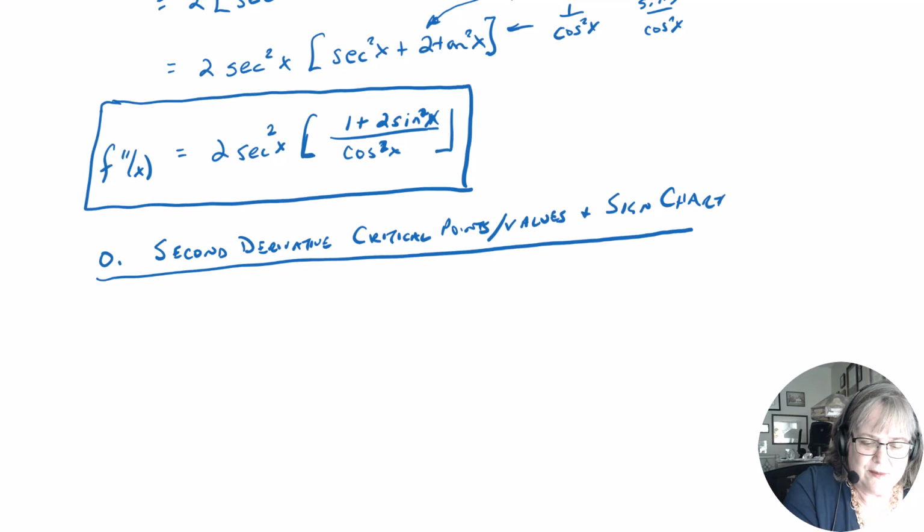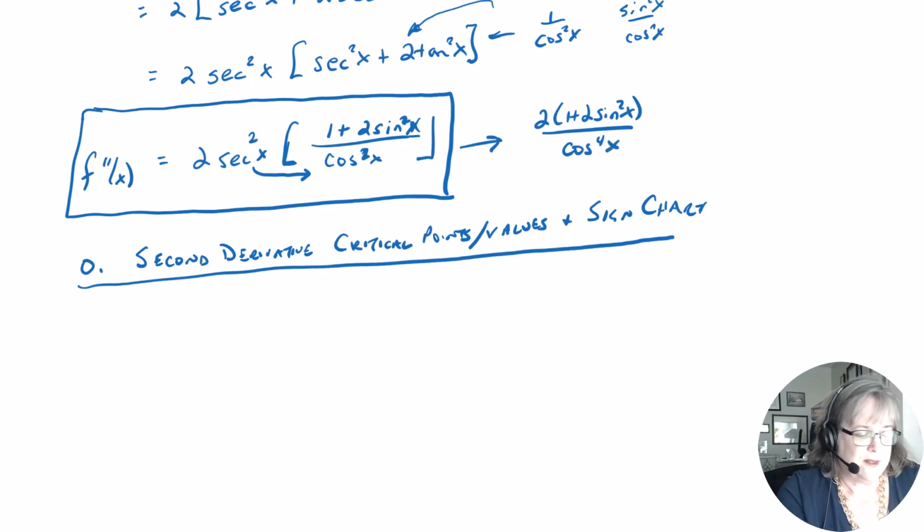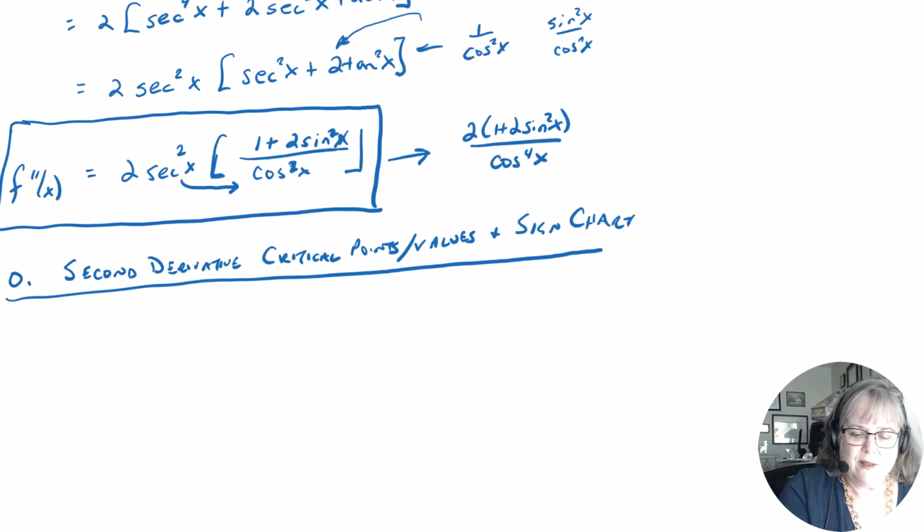I just noticed. We could take this and see how it's a secant squared. We could actually drop this down in there and have 2 times 1 plus 2 sine squared x over cosine to the 4th x. That's actually even a little nicer. Let's use that one. Okay, so this would be f double prime x.